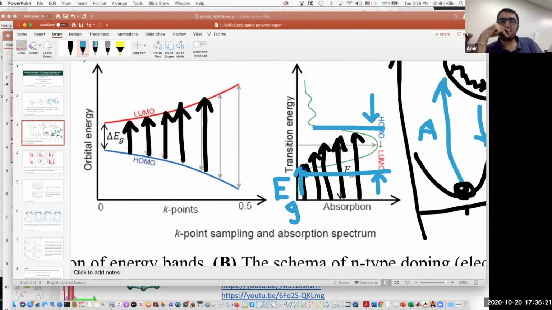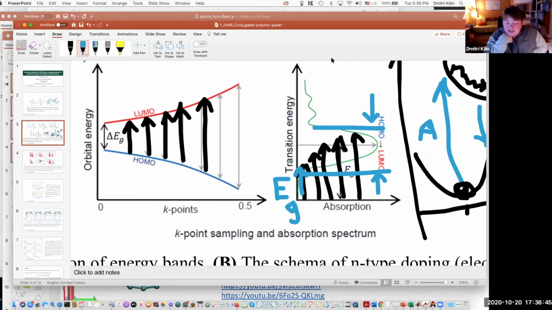Actually, I get confused. Maybe it's because of my lack of knowledge in this field. I always expect that if I draw, for instance, the orbitals for different k-point values, sometimes we have a direct band gap, sometimes an indirect band gap. So here, an indirect band gap is observed.